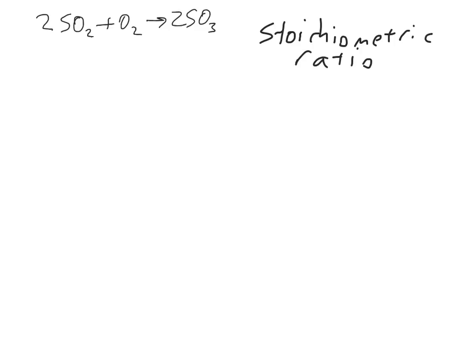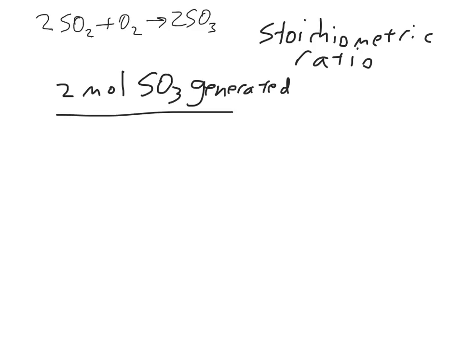In this particular reaction, we have 2 moles of SO3 generated per 1 mole O2 consumed. And this is just taken from the stoichiometric coefficients. 2 moles of SO3 are generated every time this reaction takes place, per 1 mole of O2 consumed.